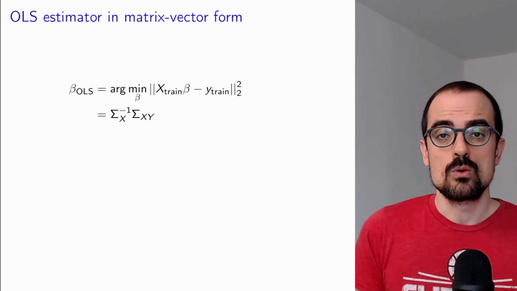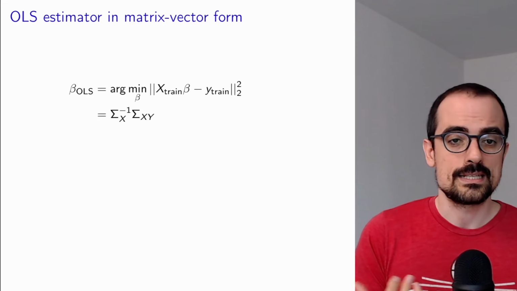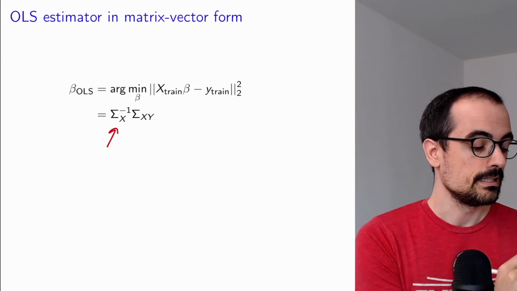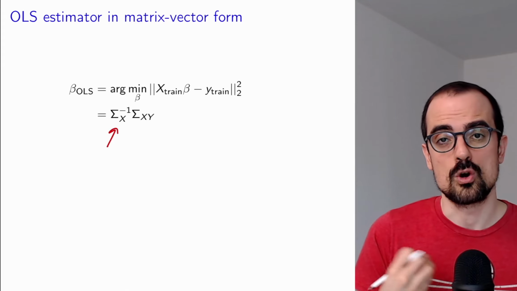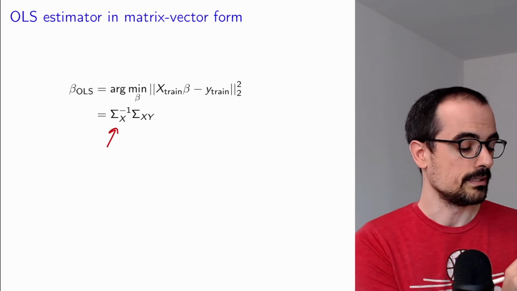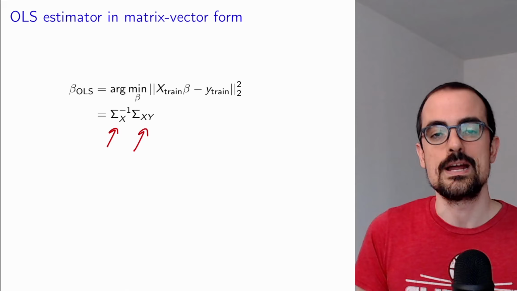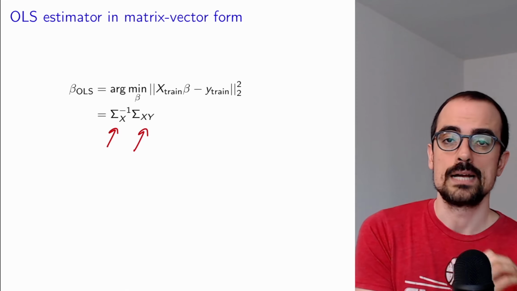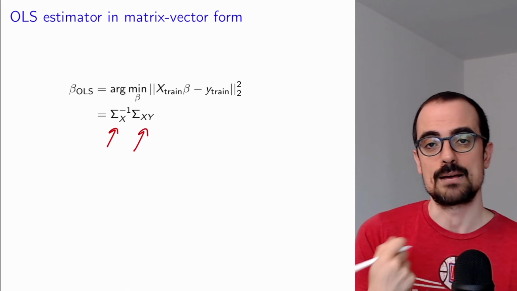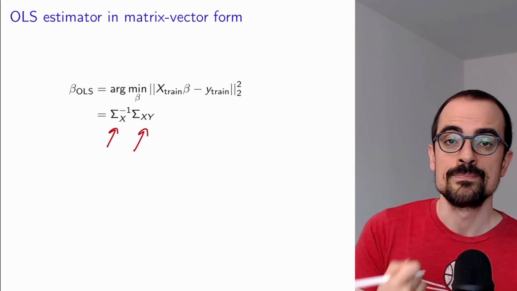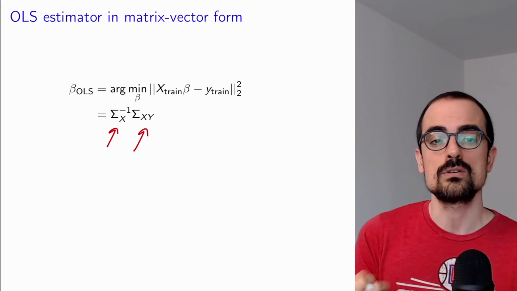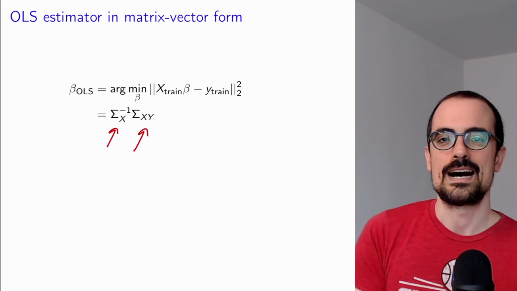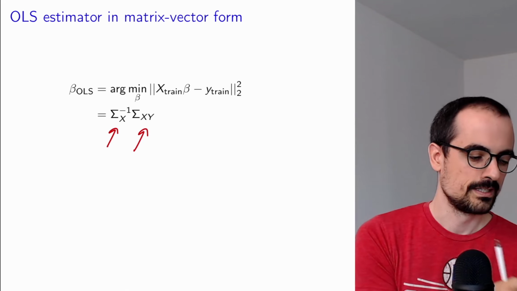Now, if you remember, when we derived the ordinary least squares estimator, we did it in terms of the sample covariance of the features and the sample cross covariance of the features and the response. Now we're going to write both the sample covariance and the sample cross covariance in terms of the feature vector and the design matrix, so that we can apply the resulting expression to our ridge regression problem.